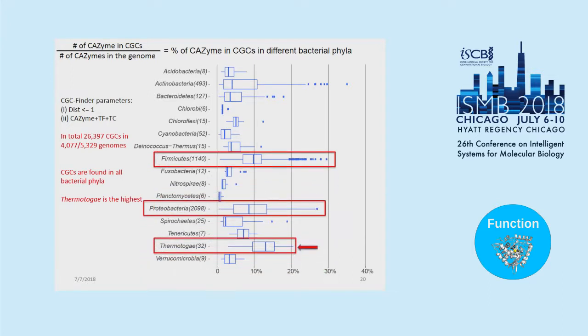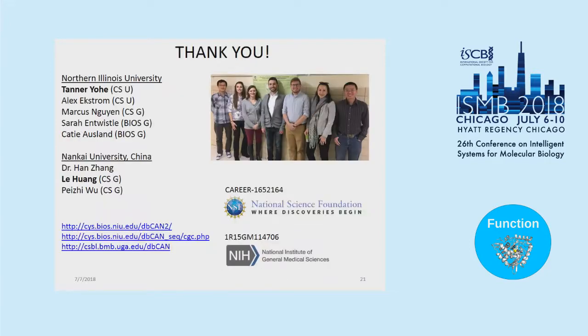Here again, we compare different bacterial phyla in terms of CGC percentage, and we found Firmicutes and Proteobacteria, which are 2 other bacteria found in the human gut and in cow rumen, have a higher percentage of CAZymes clustered into CGCs. We are actually continuing this research to answer more biology questions.